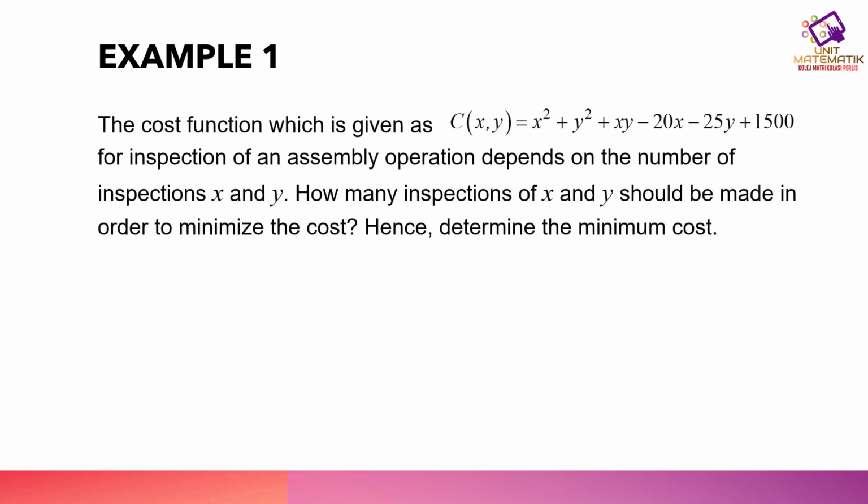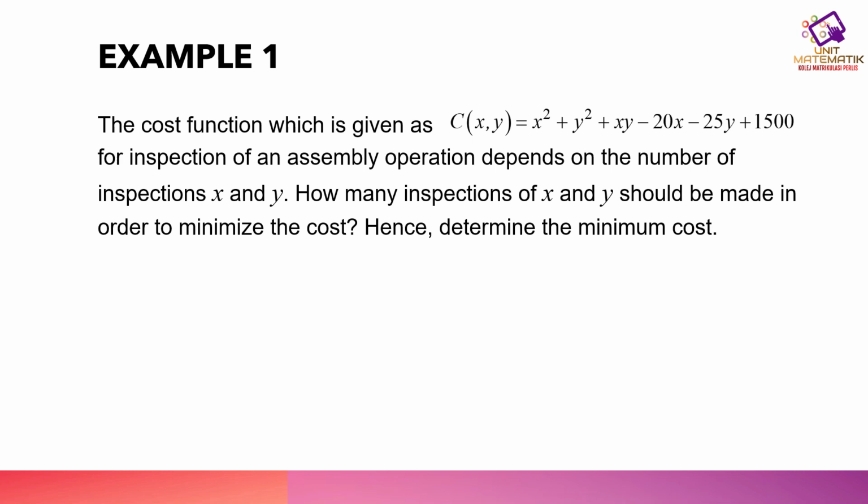Example 1. The cost function, which is given as C(x,y) equals x squared plus y squared plus xy minus 20x minus 25y plus 1500, for inspection of an assembly operation depends on the number of inspections x and y. How many inspections of x and y should be made in order to minimize the cost?